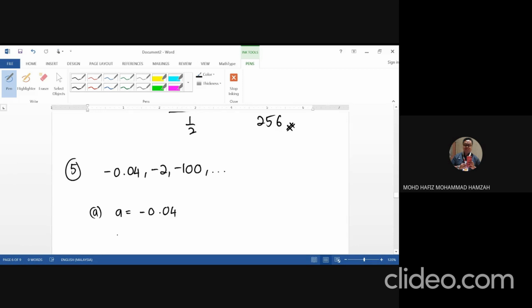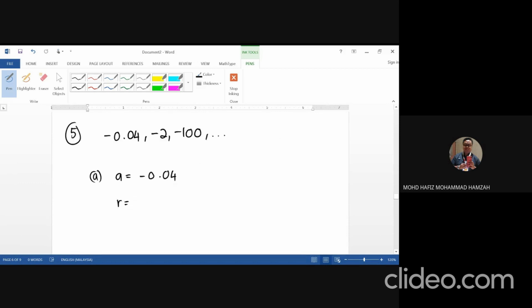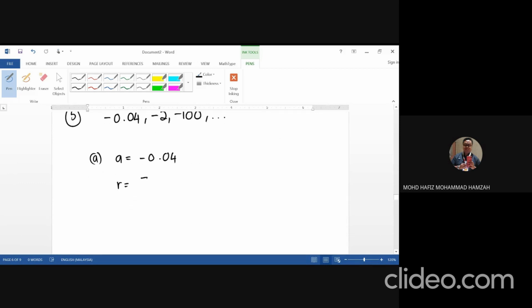And then R adalah so tadi saya pakai term kedua per term pertama, soalan nombor 3 kan. So let's say sini saya nak pakai term ketiga per dengan term kedua. So term ketiga adalah 100, term kedua adalah -2. So 100 bagi 2 50 lah kan. So that means R here is greater than 1.